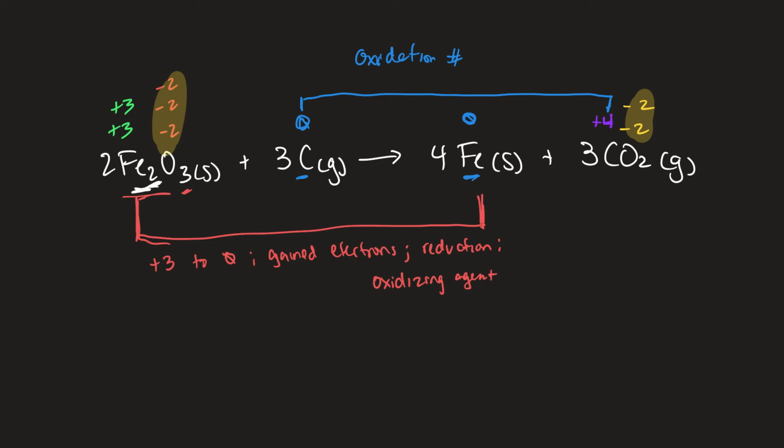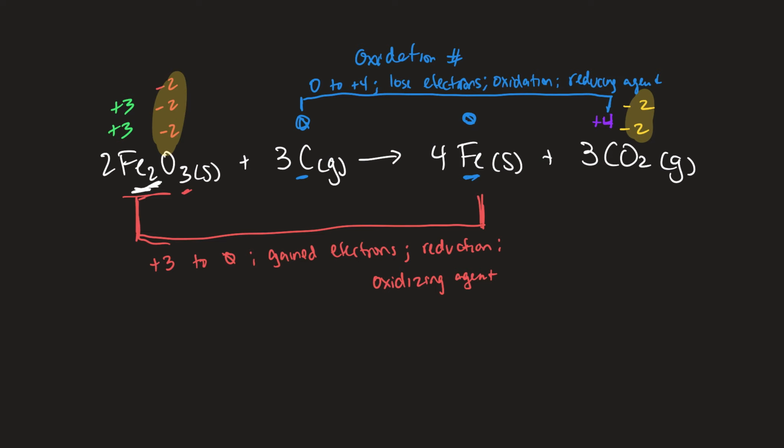All right, so it goes from 0 to +4. What does that mean? It means it lost electrons. All right, if it lost electrons, then it underwent oxidation. All right, if it underwent oxidation or has been oxidized, then that means this is the reducing agent.